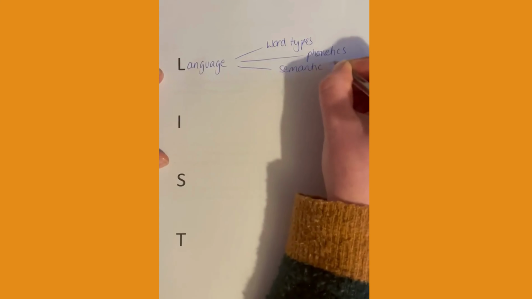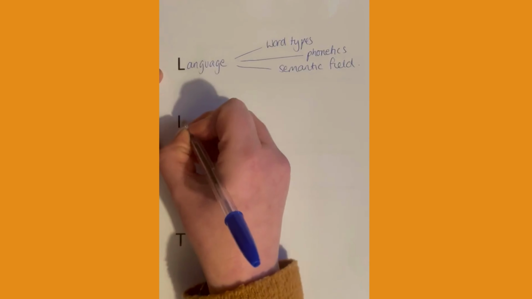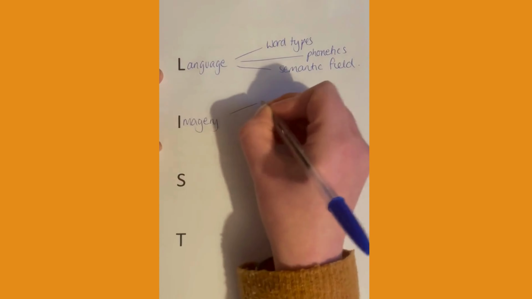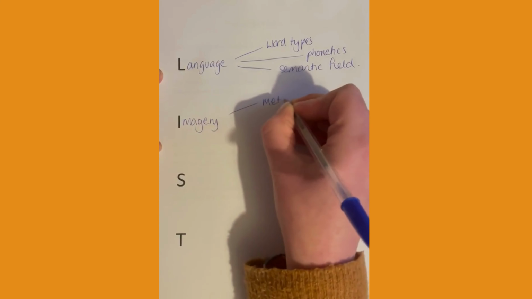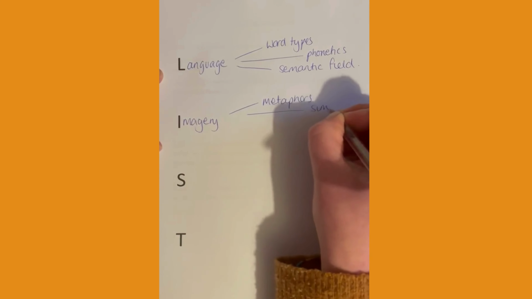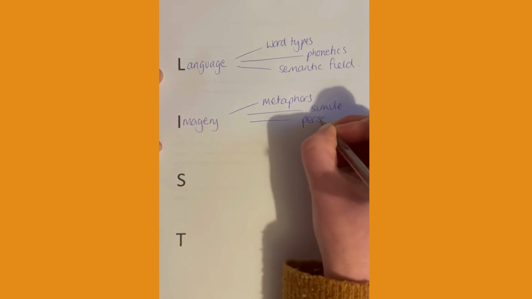By semantic field, we mean a group of words that have the same theme or are linked by an idea. You have imagery, so any use of figurative language, so metaphors, similes, personification. None of these are exhaustive lists.